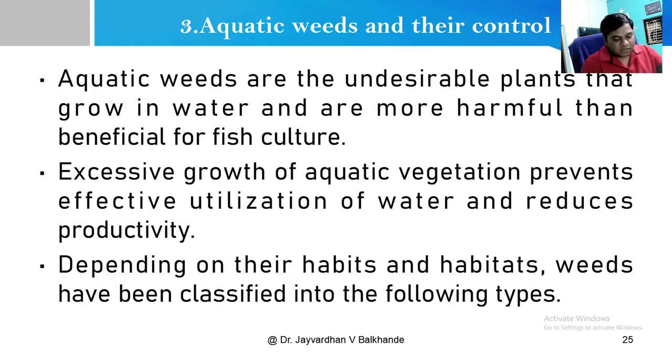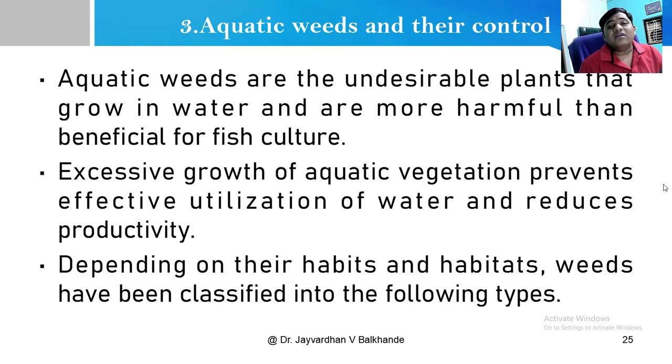First we'll define what aquatic weeds are. We have seen a number of aquatic bodies or water bodies around us, and a number of plants. Aquatic weeds are undesirable plants. No doubt they are present in the water bodies, but not all plants are useful to us.